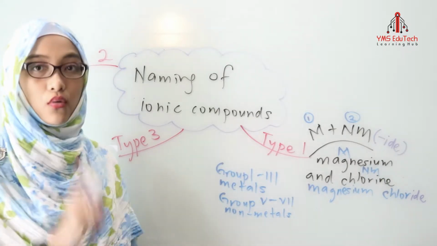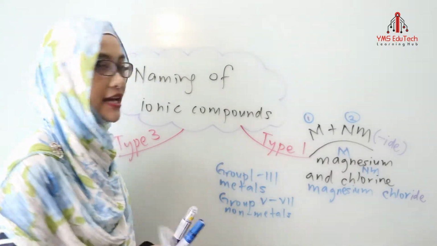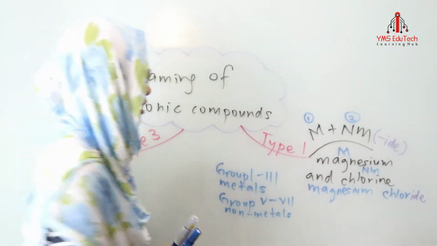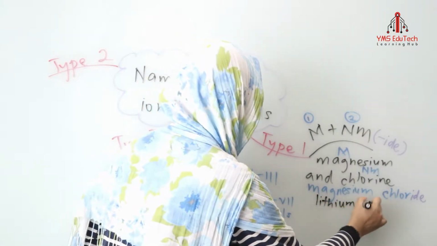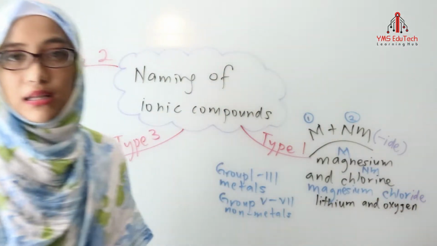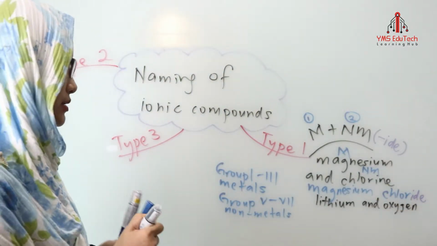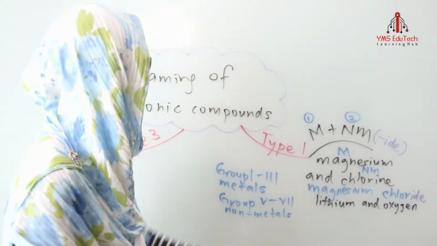Okay, let's do one more. Let's have lithium and oxygen. We need to identify which one is the metal and which one is the non-metal.